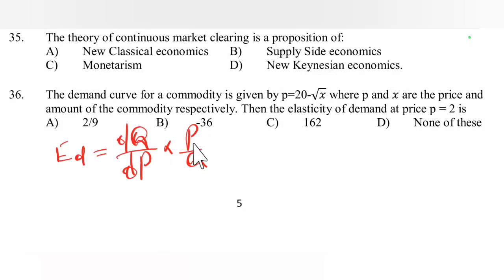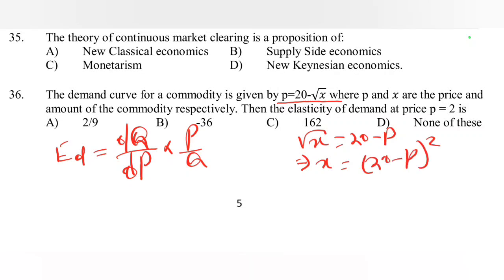So from this we find the value of x. P is equal to 20 minus root x, so root x is equal to 20 minus p. Then this implies x is equal to (20 minus p) square. So here we find the value of x. Then we have to find its derivative, dx by dp, similar to dq by dp.